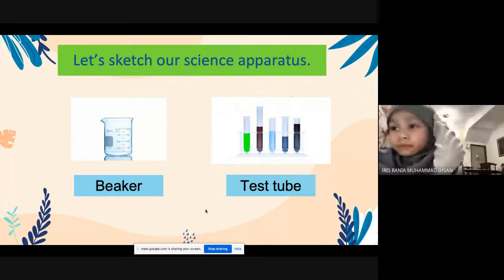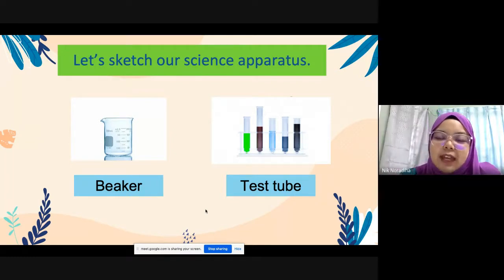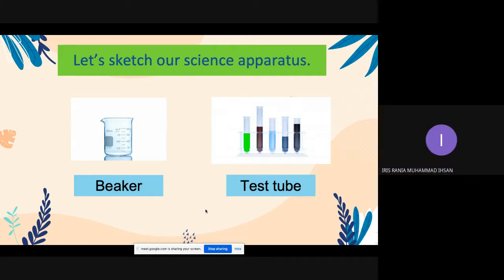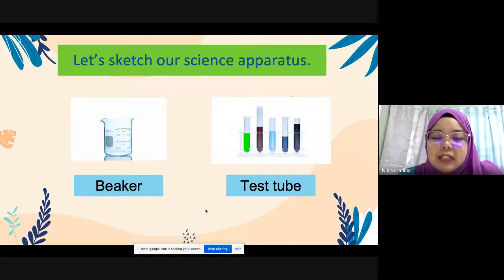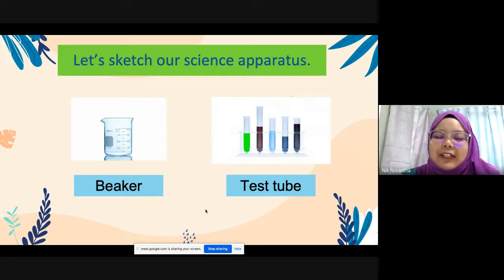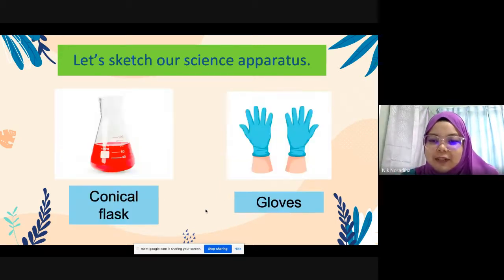Can Iris share the other science apparatus that we have? Before this, we already sketched 6 science apparatus in your Tatan book. Glove. Okay, good job. We have glove here.